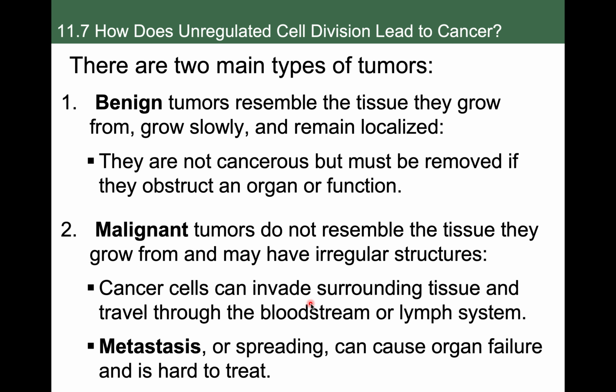So typically benign tumors will grow more slowly, but there can be fast-growing benign tumors. And a benign tumor could still be dangerous, right, depending on its location and how easy or difficult it might be to be removed. But ideally, if you find a tumor that is benign, still in its original location, if you can remove it surgically, then it's gone, it's done, right?